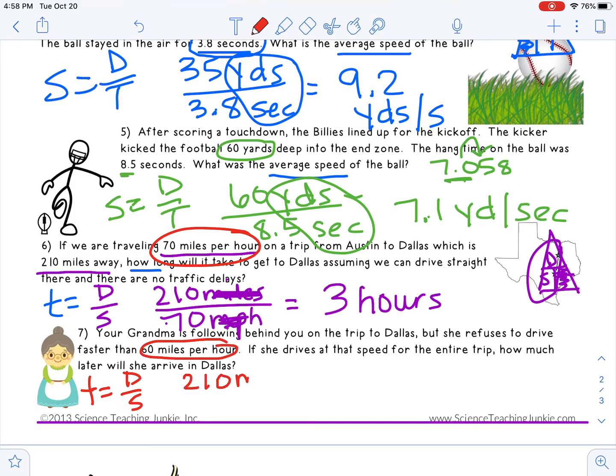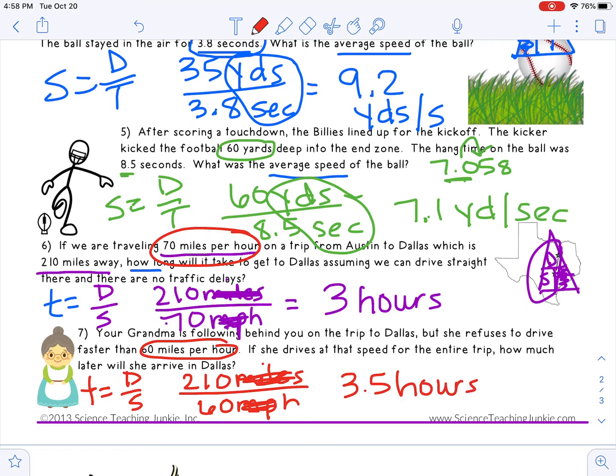We are still going to Dallas, so that is still 210 miles away. But our speed is different: 60 miles per hour. So I am ready to put that into my calculator, and what I come up with is 3.5. 3.5 what? I've got miles up here, I've got miles down there. My answer is hours.